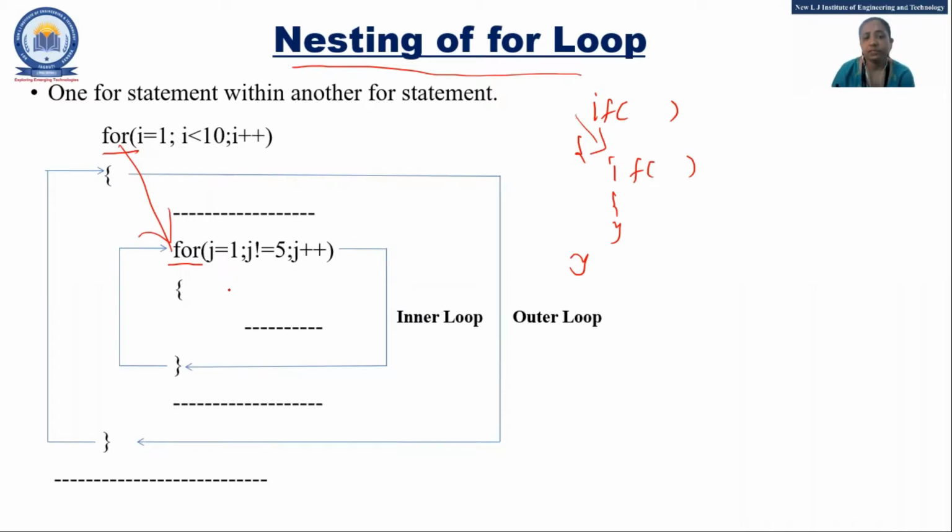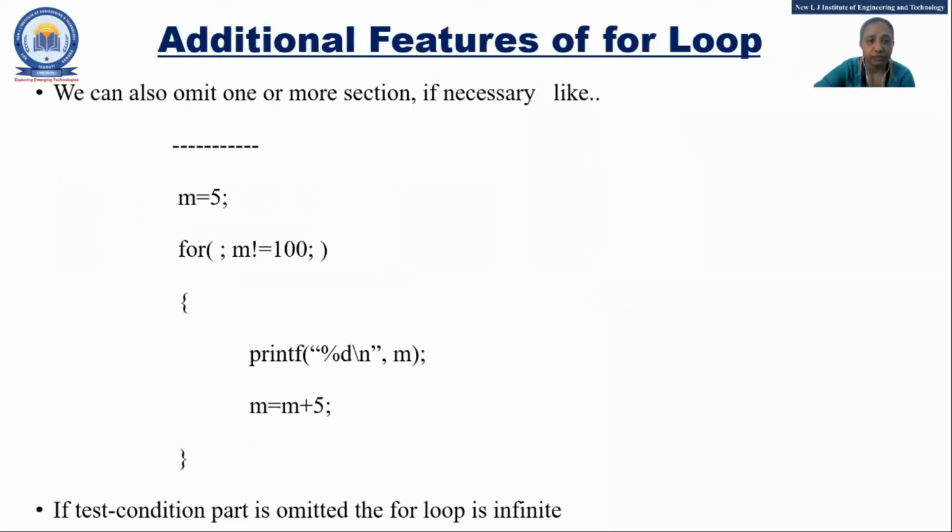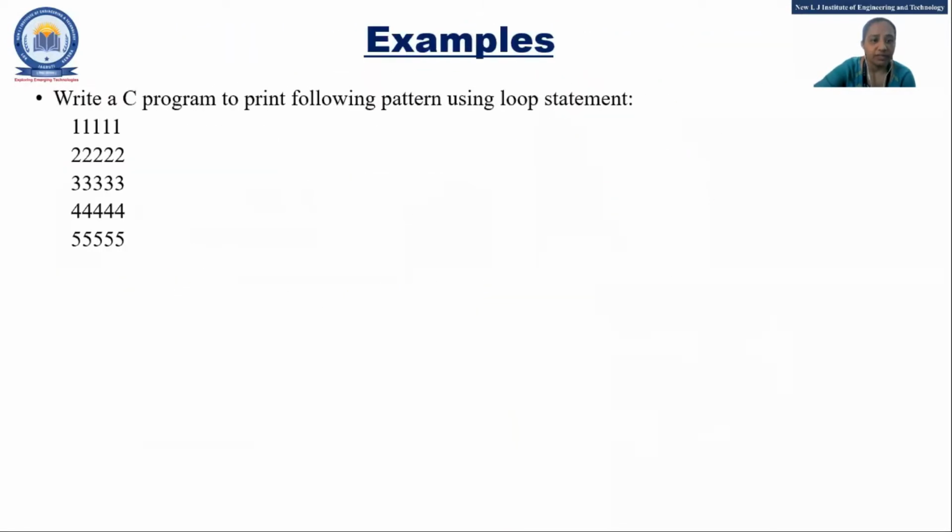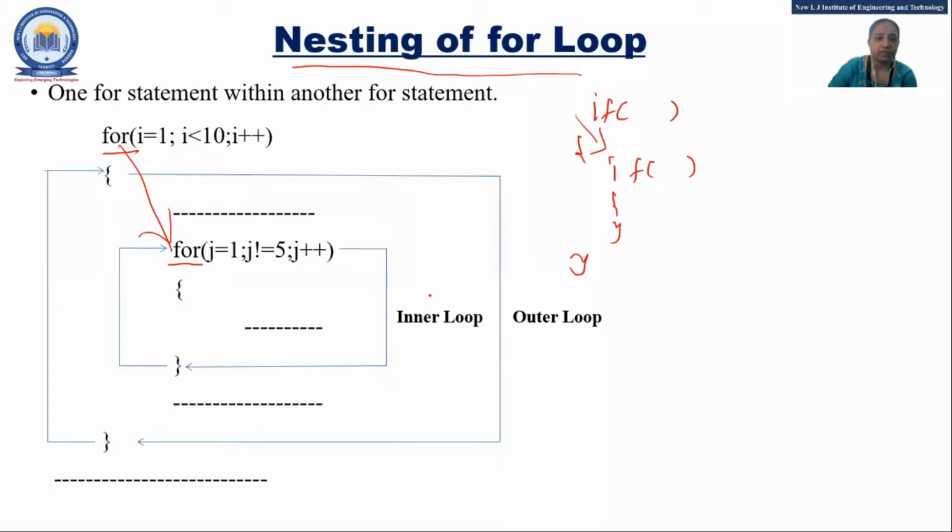Now we have seen the break and continue. At that time, I will first specify that whatever loop is here is called the inner loop, and this loop is called the outer loop. Inner loop and outer loop.